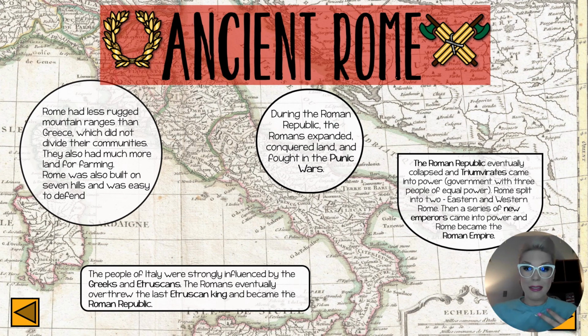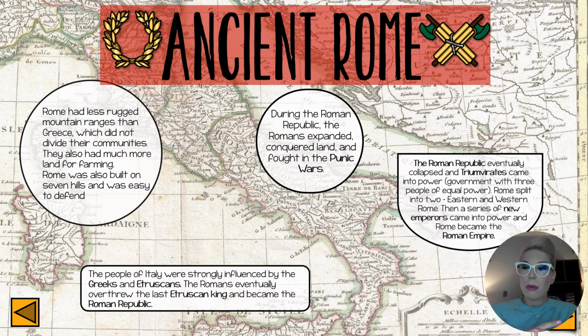So if you've got a lot of food and a lot of people, you can feed your people, you can grow an army, you can trade. Rome was also built on 7 hills and was easily defended. From a military standpoint, it was so advantageous for the Romans to pick this location, to stay in this location.